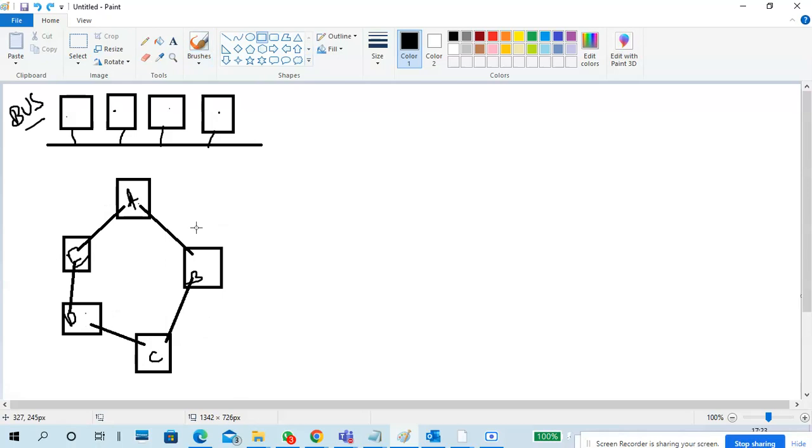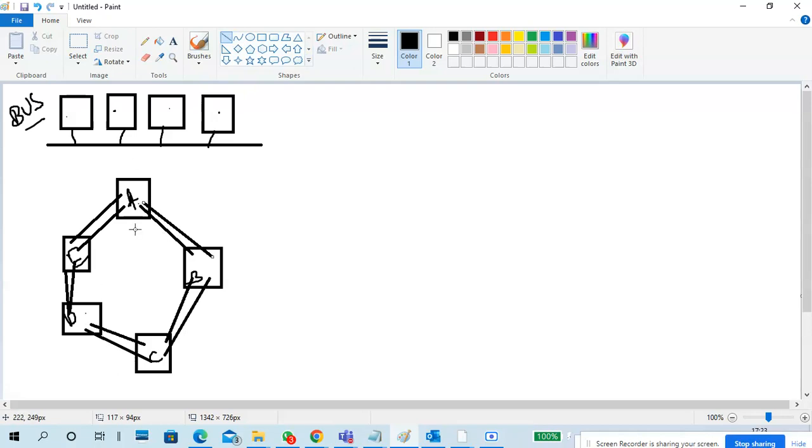If you try to add one more PC, you have to change the entire connectivity structure, algorithm, and implementation. So it is difficult to scale, with very long distance communication. Of course, they found a solution for that. They connect the reverse side too: A to E, E to D, D to C, C to B, giving two paths.